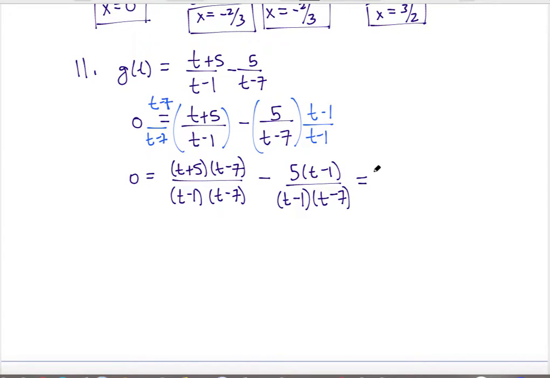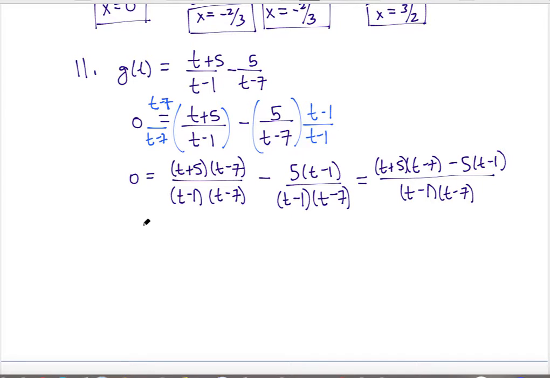I'm going to go to the right here so that I don't run out of room. And when I do that, I will end up with t plus 5 times t minus 7 minus 5 times t minus 1, all over t minus 1 times t minus 7. Now, in order for this function to be 0, I don't care about my asymptotes, which would come from my denominator being 0.